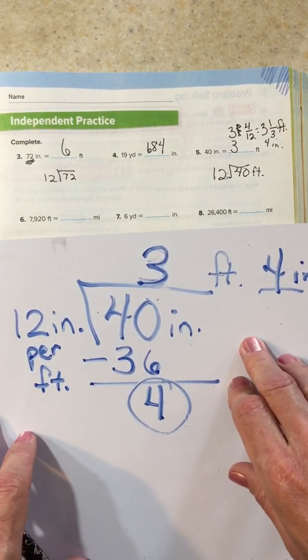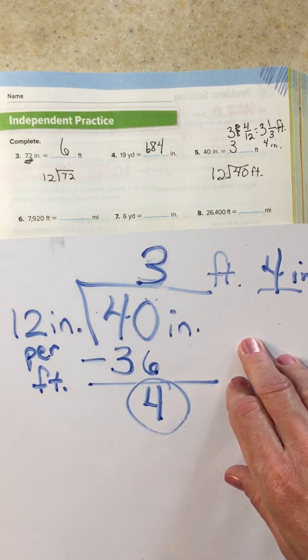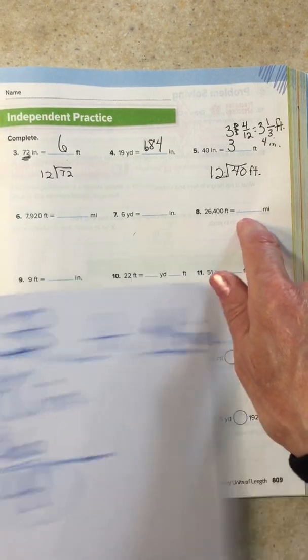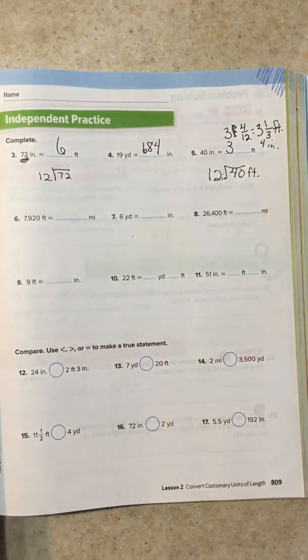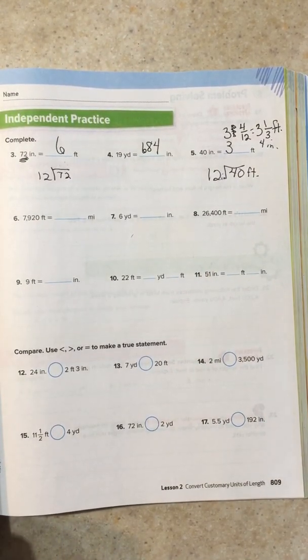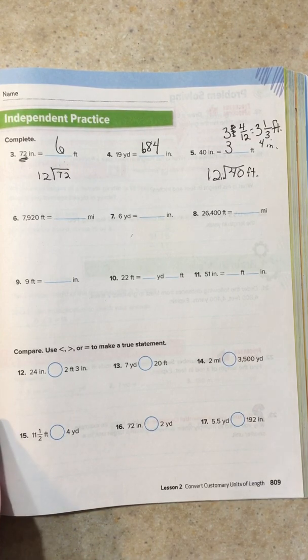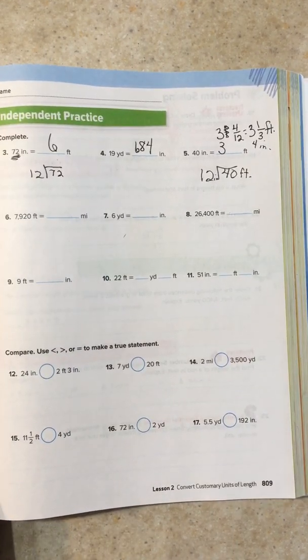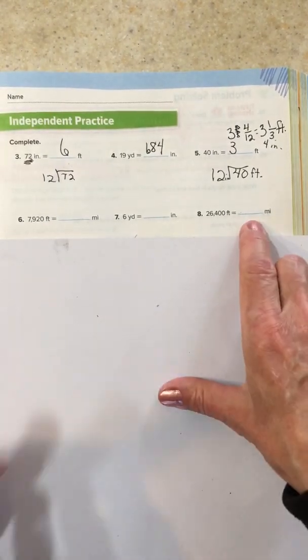So that's that. Let's try this, because let's talk about miles. Wow, that's a lot of feet. 26,400 feet. But how many miles would that be if you went running? Let's find out. I'm going to erase my board and find out. How many feet are in a mile?